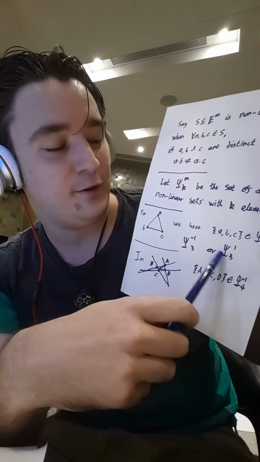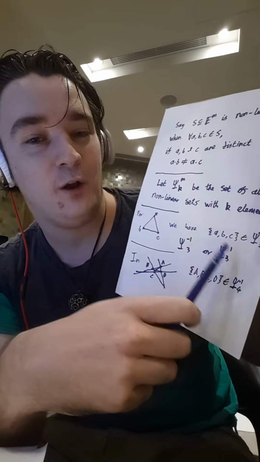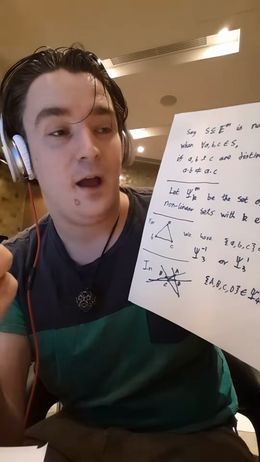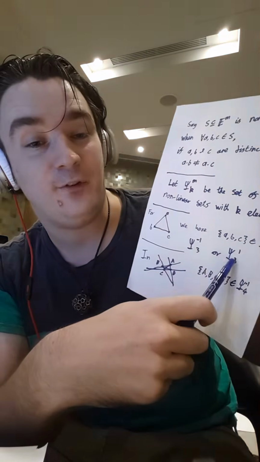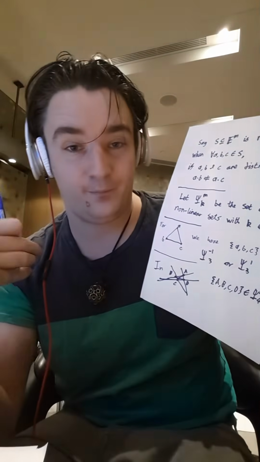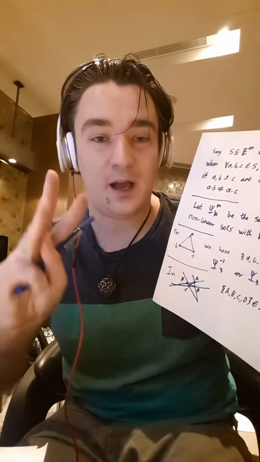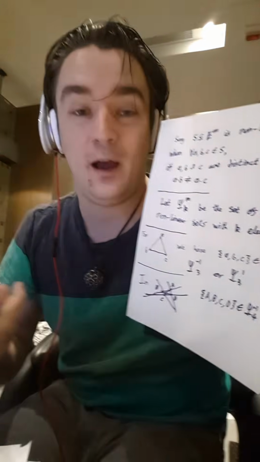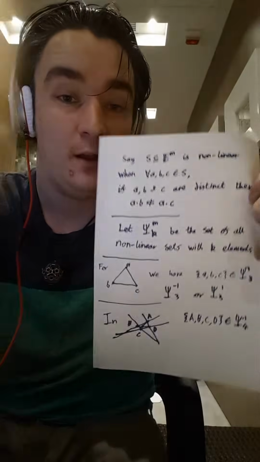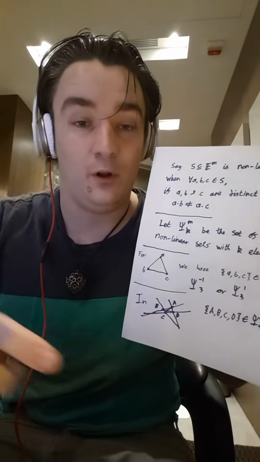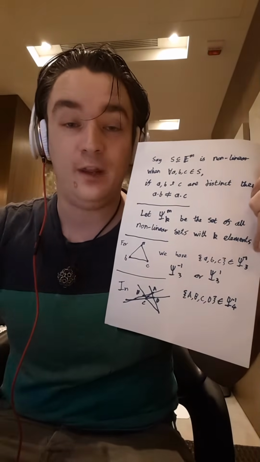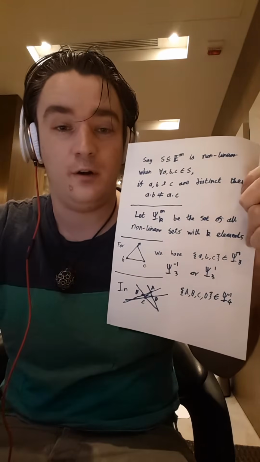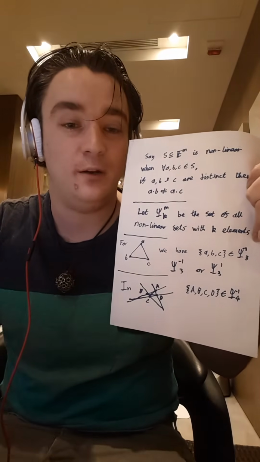And similarly, if M equals 1, we're talking about lines, and again, this represents the collection of all size 3 nonlinear sets of lines. Basically it means the collection of all triples of distinct lines which are not concurrent, which is again a set of triangles.